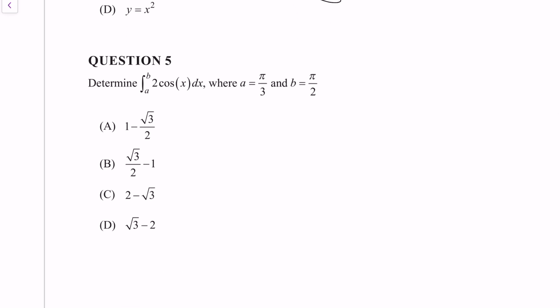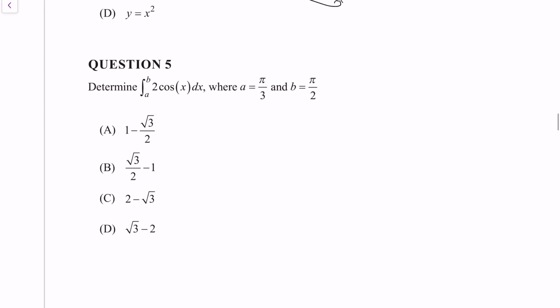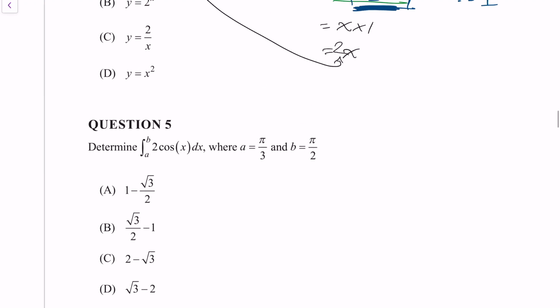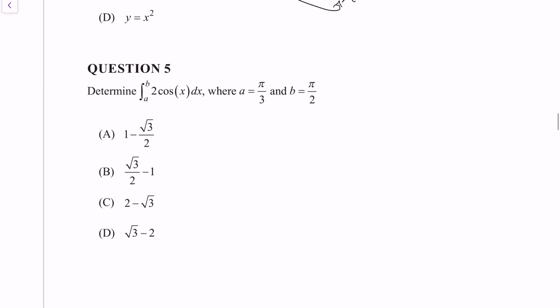Right, question 5: determine the integral from a to b of 2 cos x dx, where a equals pi over 3 and b equals pi over 2. In this case, we use our formula sheet to help us.